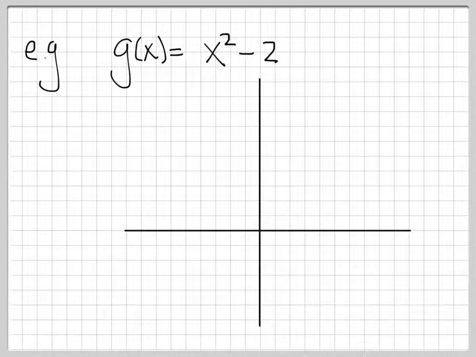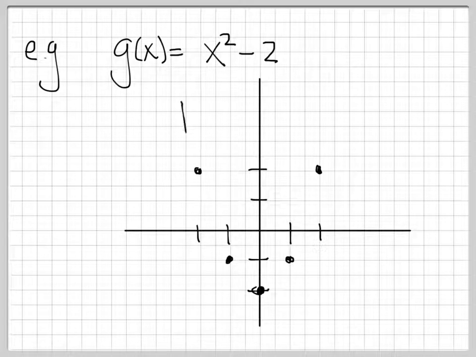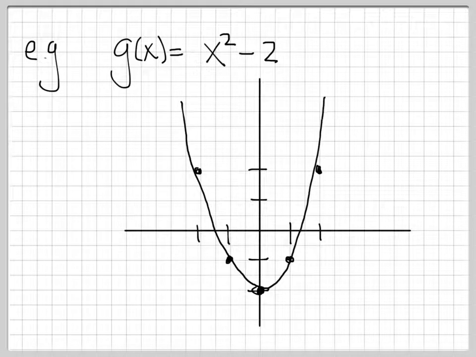g of x equals x squared minus 2. I'm going to go ahead and plot some points. You can verify that these work. And what we get is a parabola, g of x equals x squared minus 2.